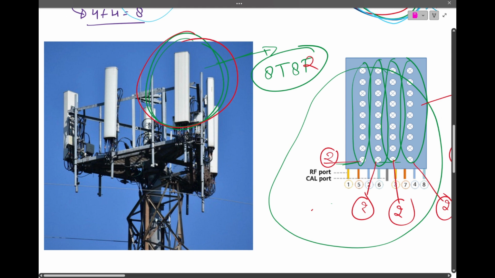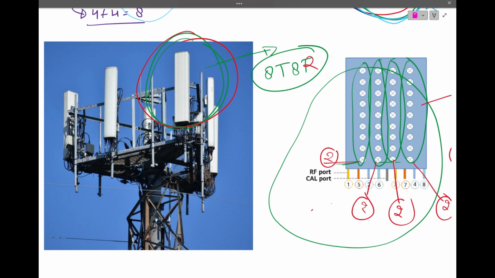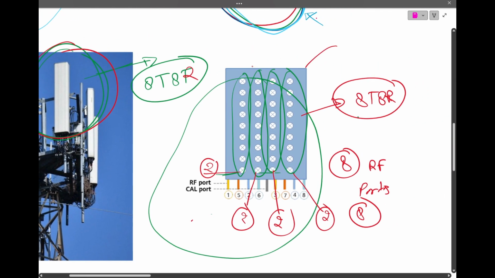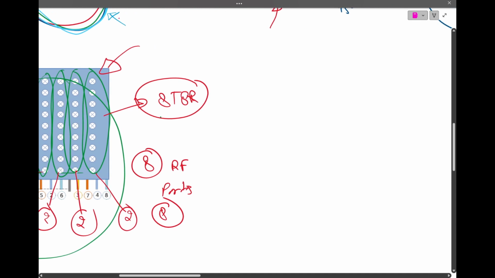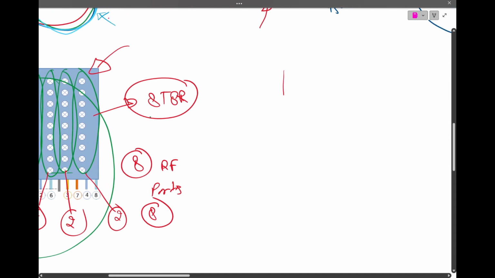Now you might question why we mostly have antennas arranged vertically, like you see here also. This is how an antenna practically looks, where the antenna elements are mostly placed vertically. Let's say this is our antenna and the antenna elements are placed like this.